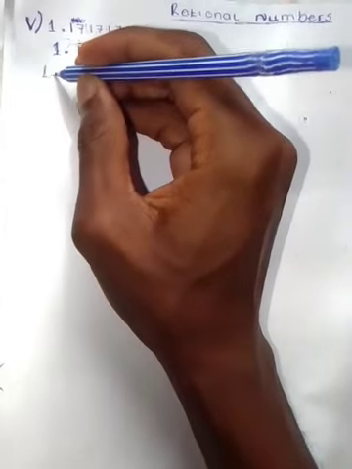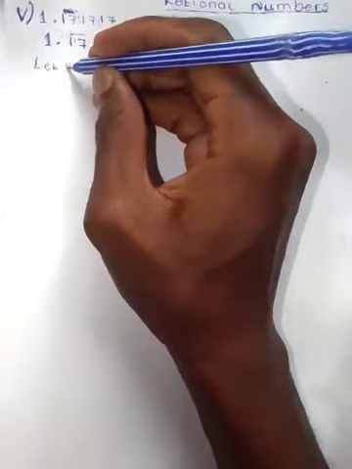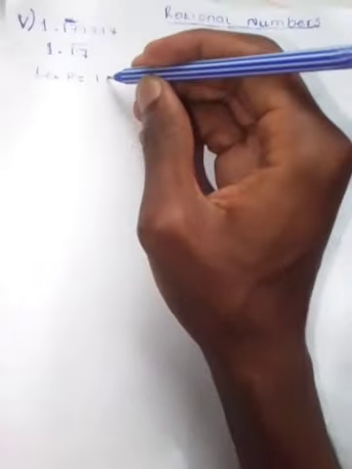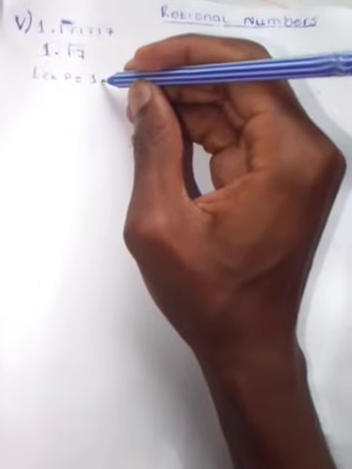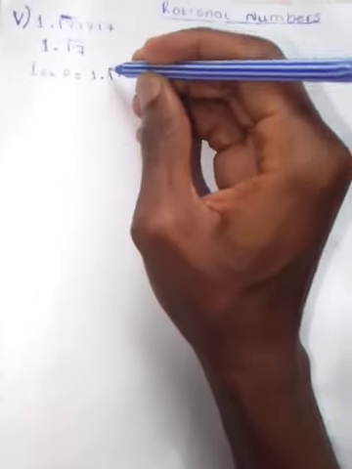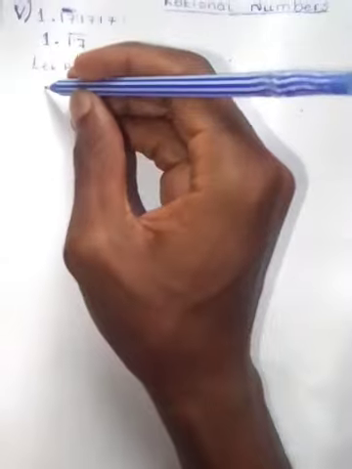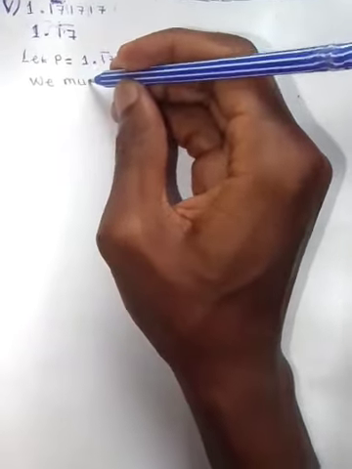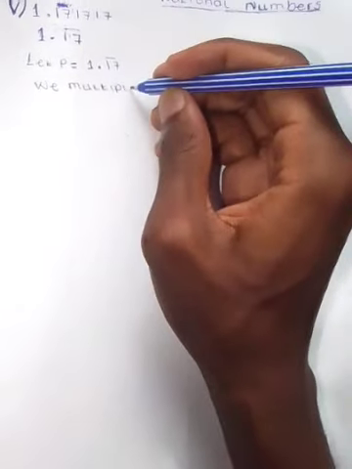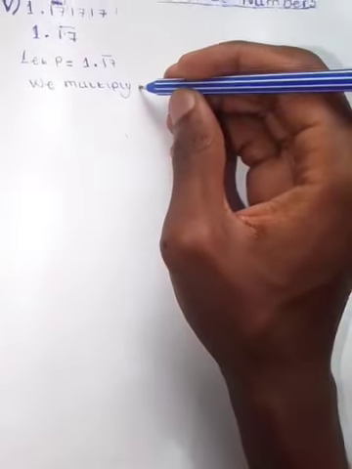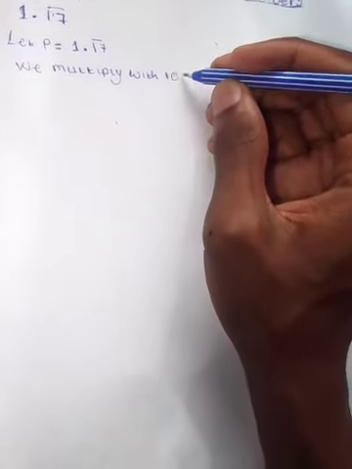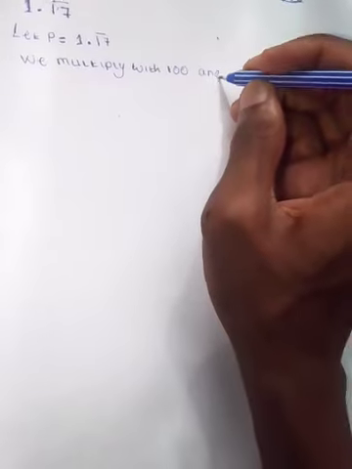Okay, and then since there is no number in front here, we're just going to multiply by 1. So we're going to say let, this time let's use p. You can use any value. So p is equal to 1.17, and then we now multiply with 100.